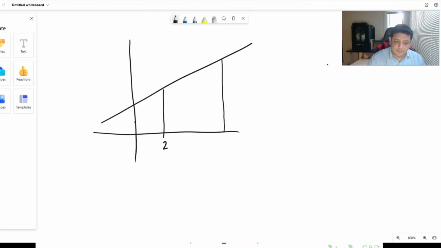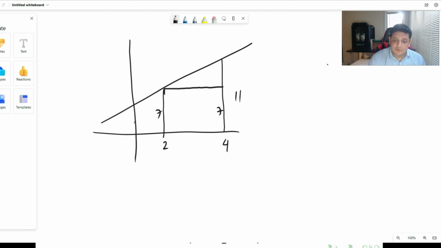So this is 2 and this is 4, and this side measures 7 and this measures 11. Notice that I can split this. Now I can make this a triangle and a rectangle.